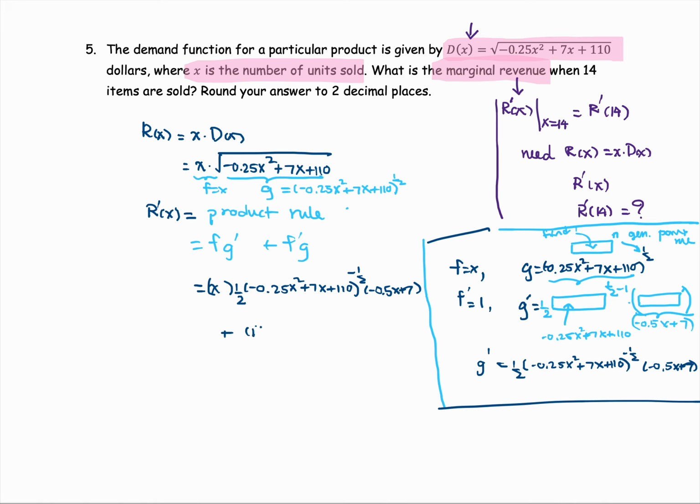The f prime is 1, the g is the quantity negative 0.25 x squared plus 7x plus 110 to the power 1/2, which is the original square root of the quantity. So we are done applying the rule.